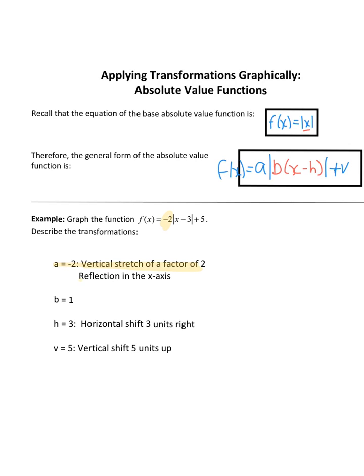But because there is a negative in front of that a value, there is a reflection in the x-axis. B is 1 because there is no number being multiplied to x minus h inside the absolute value bars. H is 3, so there's a horizontal shift 3 units to the right. And v is plus 5, so there's a vertical shift 5 units up.